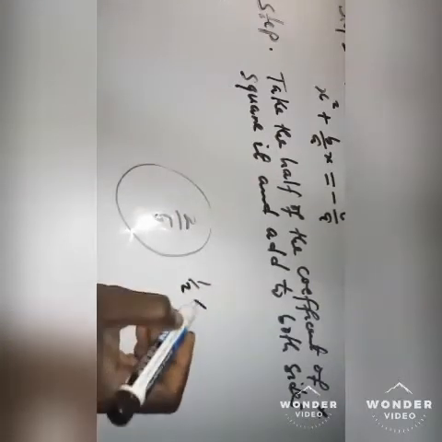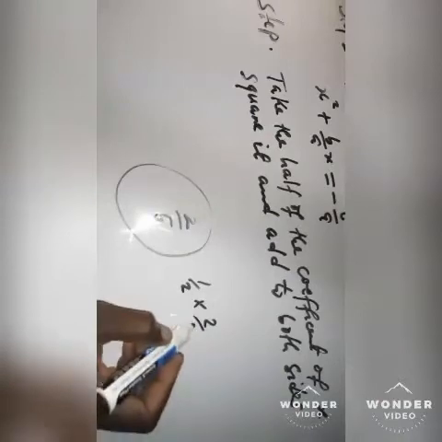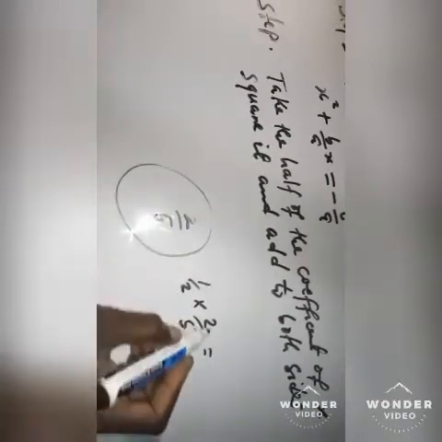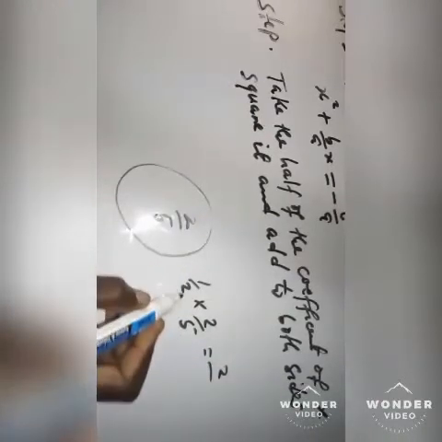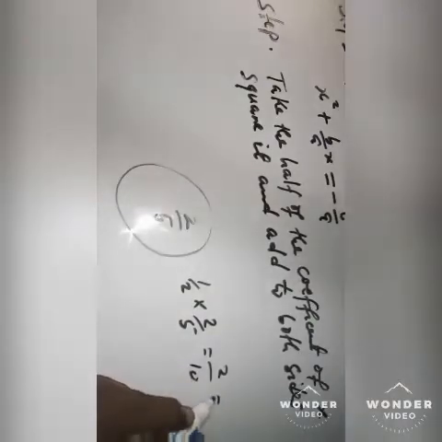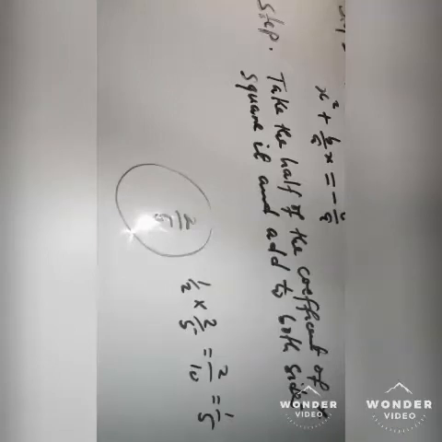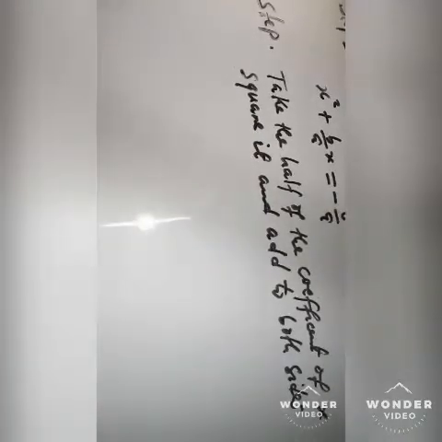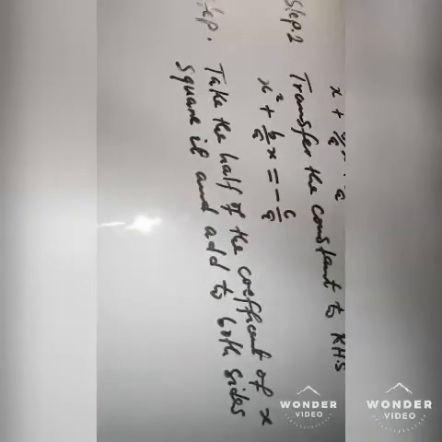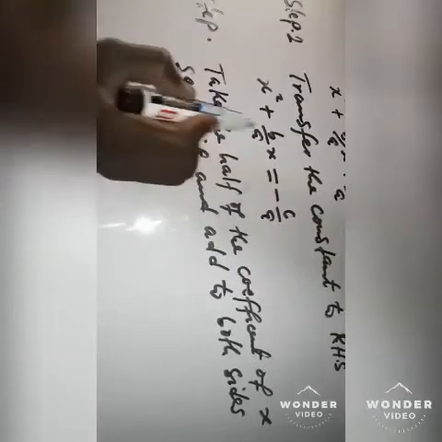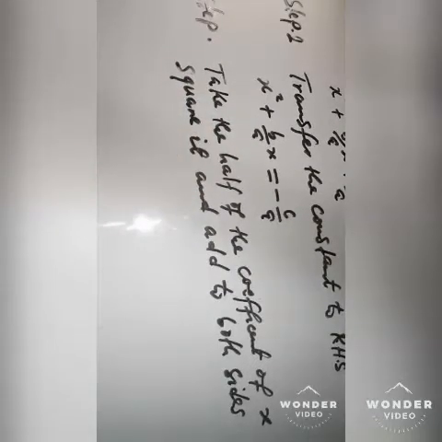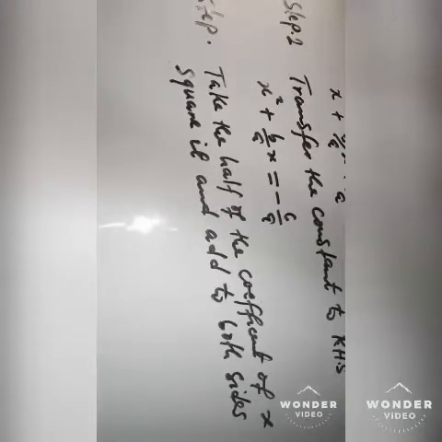That is 1 over 2 times 2 all over 5. So 1 times 2, you get 2. 2 times 5, you get 10. You can simplify it further. This is 1 all over 5. So when we are asked to take the half of the coefficient of x, that is b all over a, they are simply asking us to multiply it by a half.